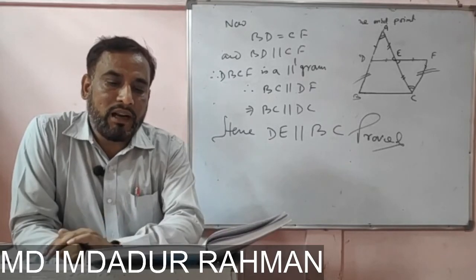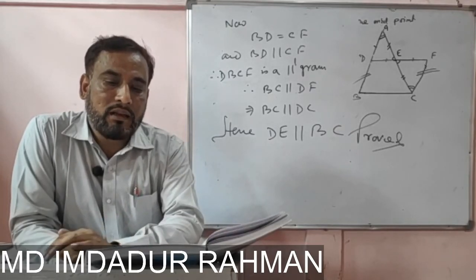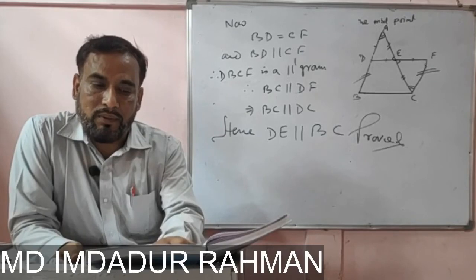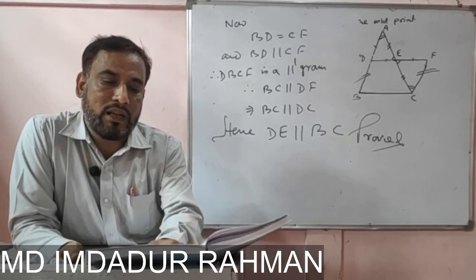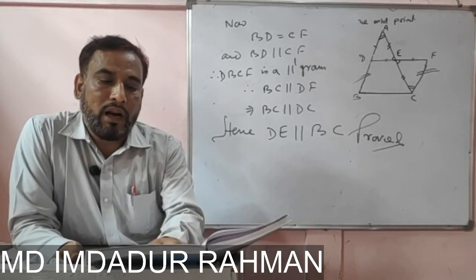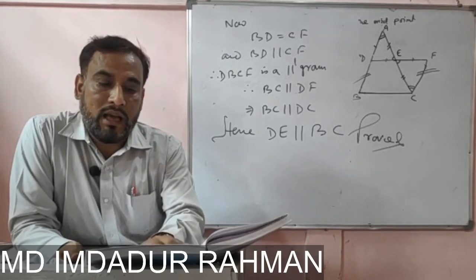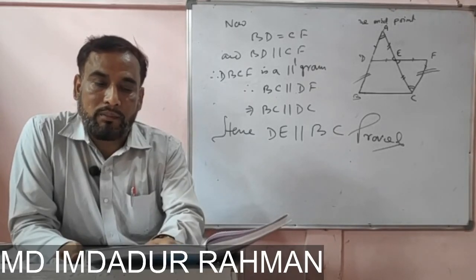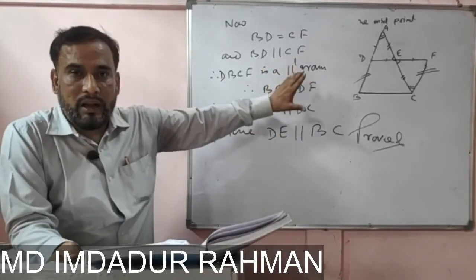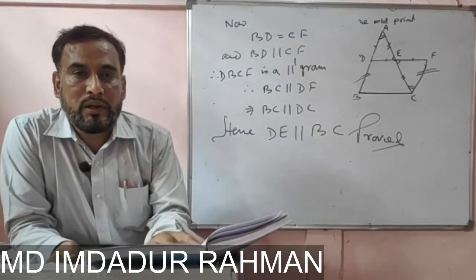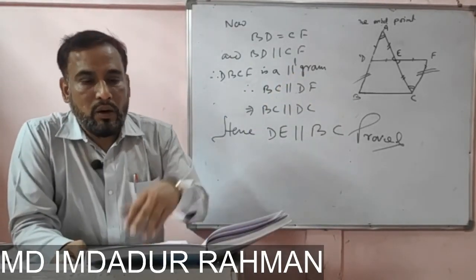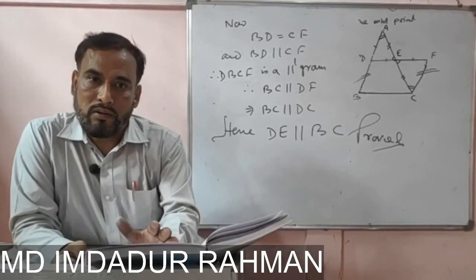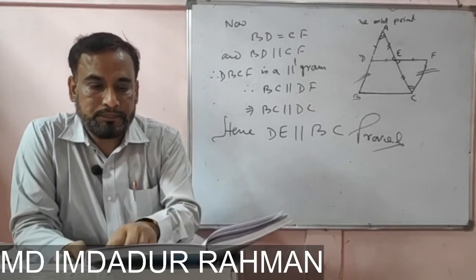ABCD is a quadrilateral in which P, Q, R, S are the midpoints of AB, BC, CD and AD. AC is the diagonal. Show that: SR parallel to AC and SR is equal to half of AC; PQ is equal to SR; and PQRS is a parallelogram. Just use this theorem, the line segment joining the midpoints of two sides is parallel to the third side. You will surely be able to do it.